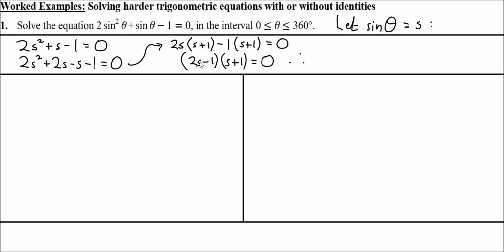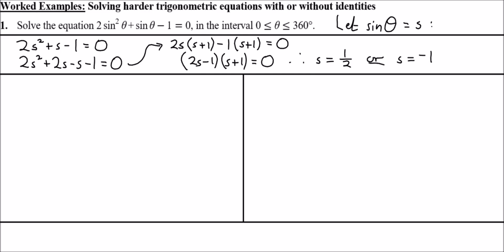So either this bracket is going to be equal to 0, in other words, s is equal to a half, or the second possibility is that this bracket is equal to 0, which is when s is equal to minus 1. So we have two different cases to consider separately.